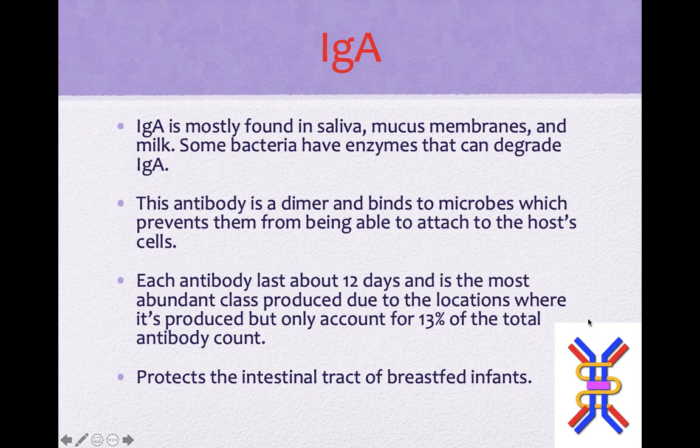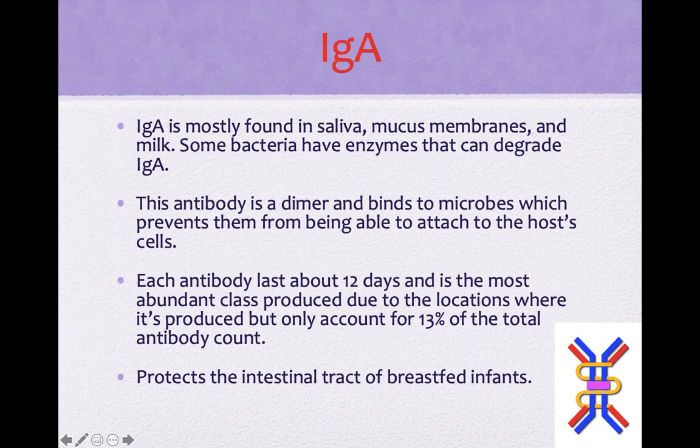IgA is going to be found in breast milk, saliva, and mucous membranes. This is going to be found alongside the beta-lysine, the lysozyme, and things that are found in the other innate immune system in those areas. It's a dimer. It can hold 4 bacteria, so 2 little Y's put together. So 2 bacteria in each little Y here, or one in each little Y, excuse me.